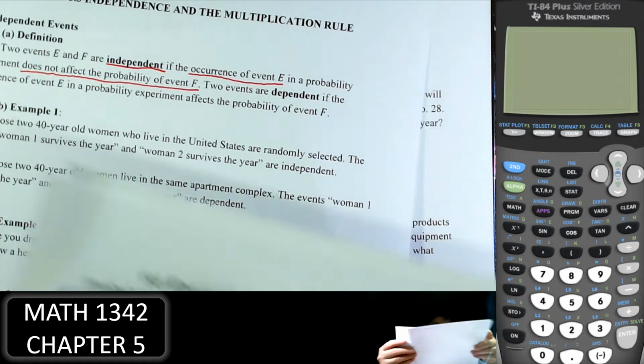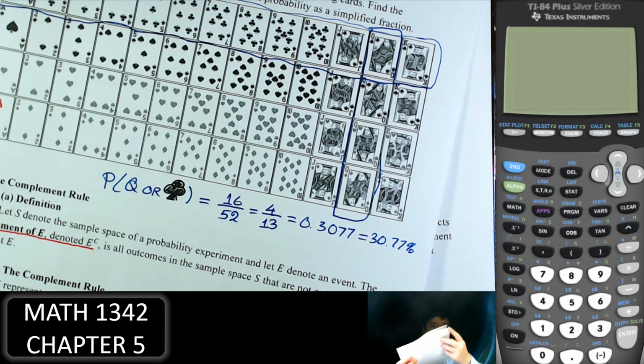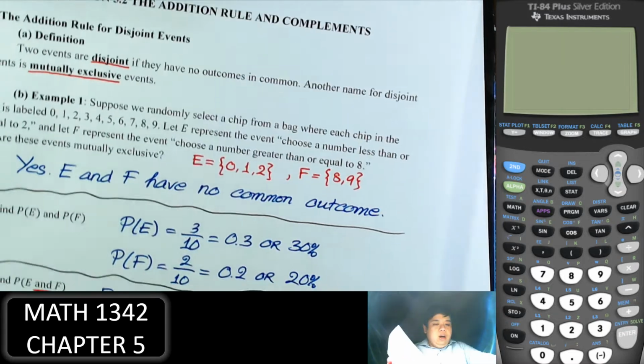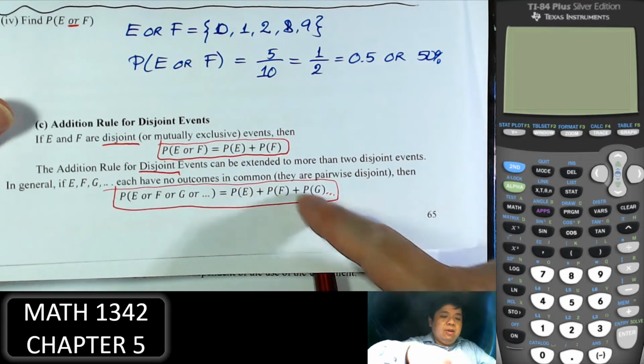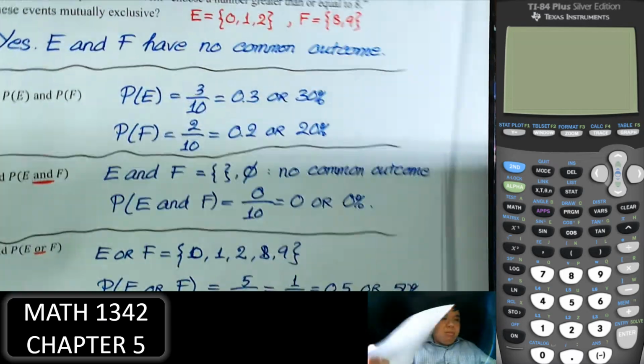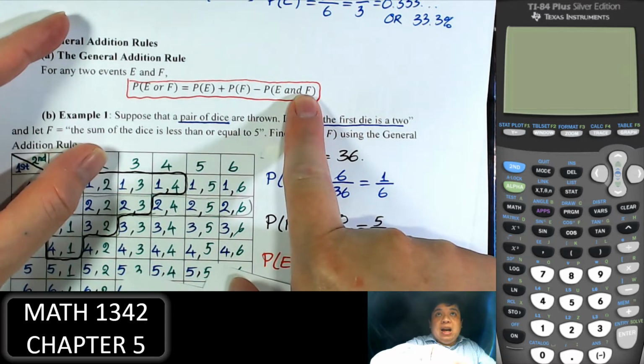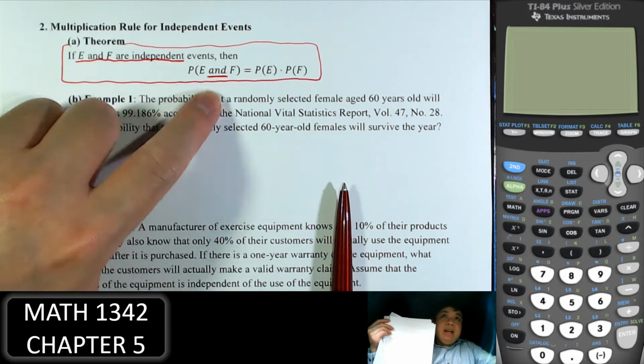What is the difference between the P of E and F in this problem and the probability of E and F in this problem?